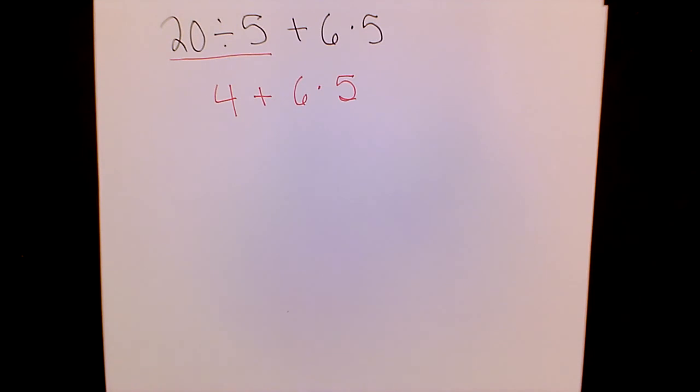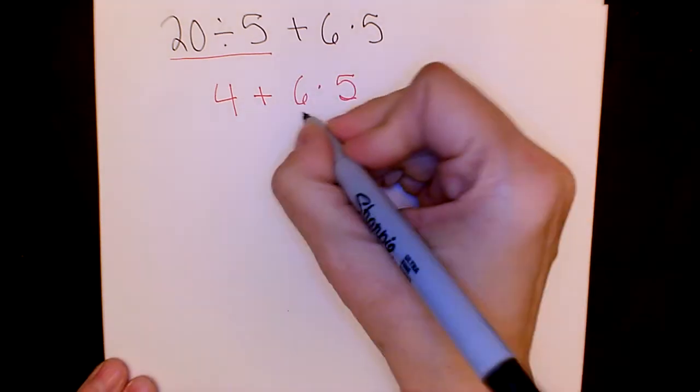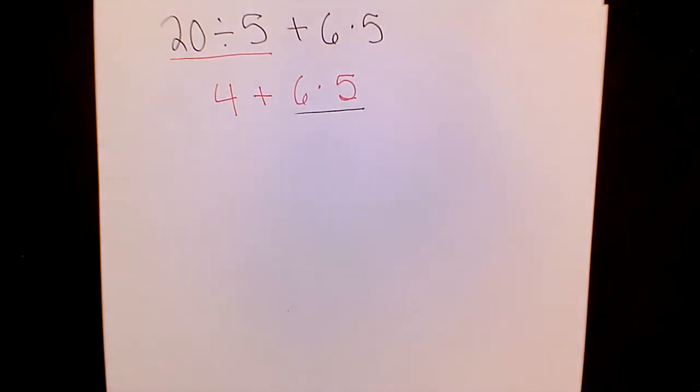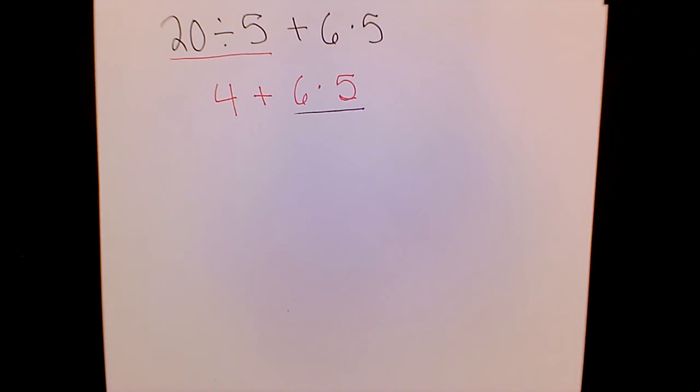And do we do the 4 plus 6 or do we do the 6 times 5? Well, we did the division. Now we're going to do the multiplication. So we're going to do the multiplication second. So what's 6 times 5?